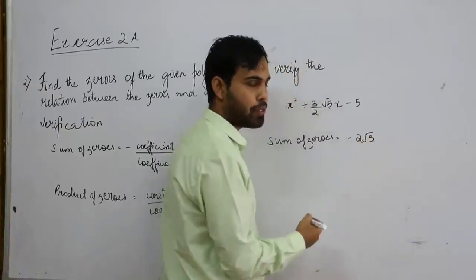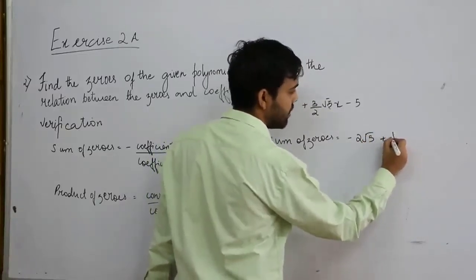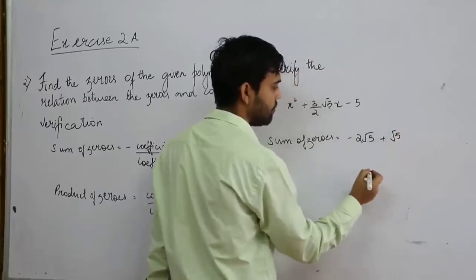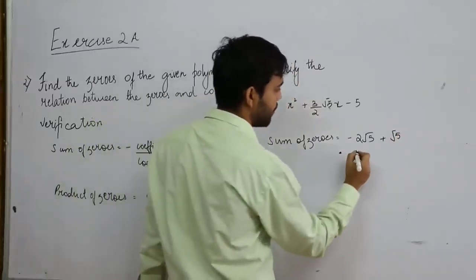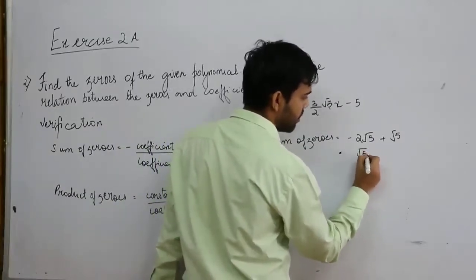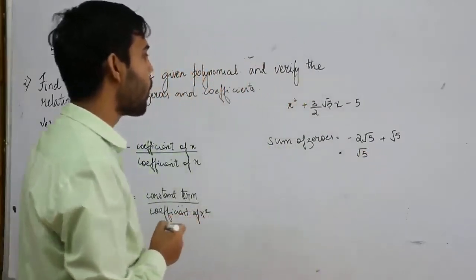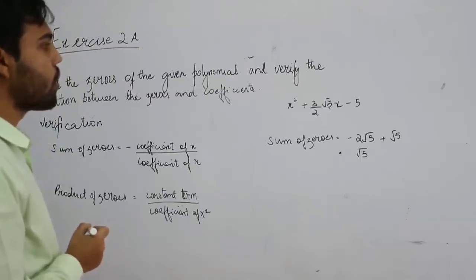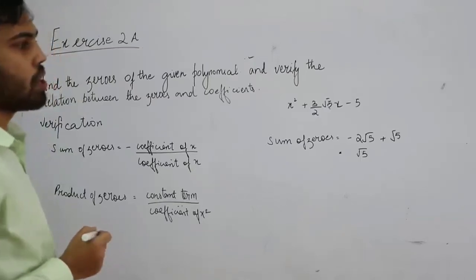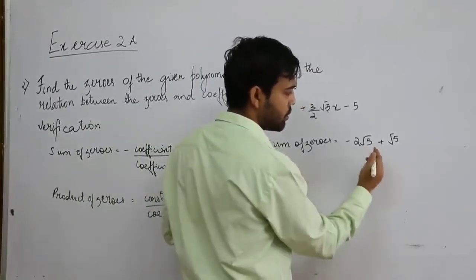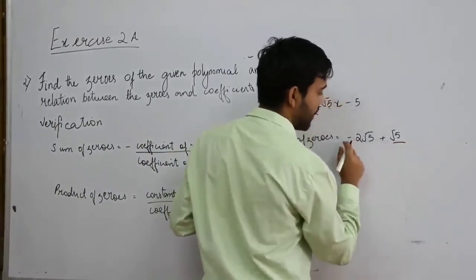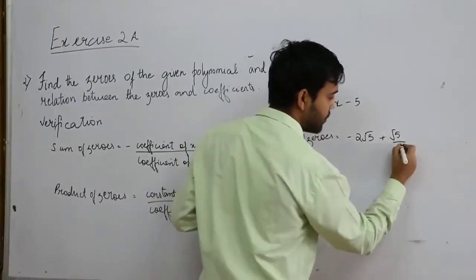So I have minus 2 root 5 plus root 5 by 2.